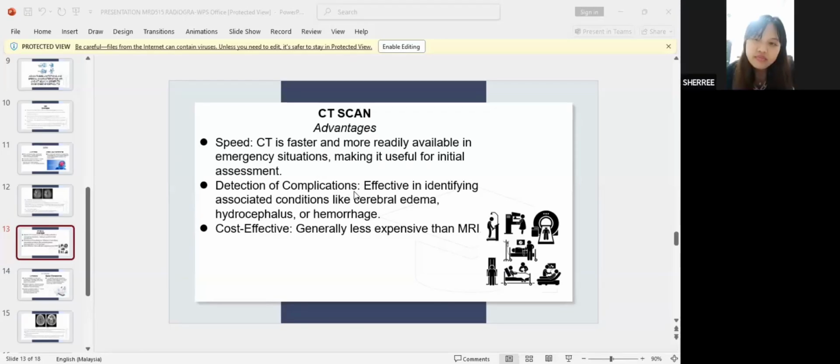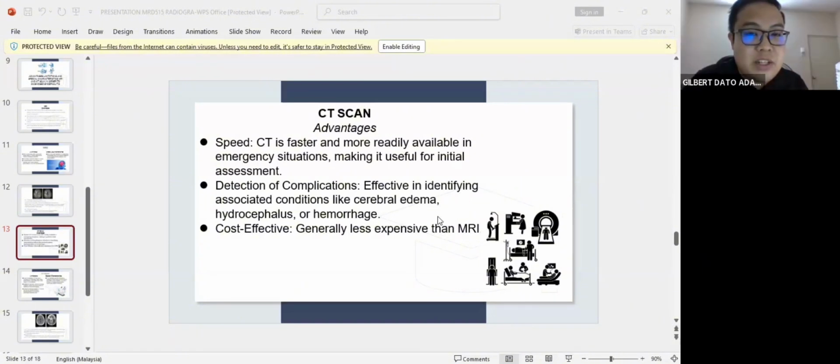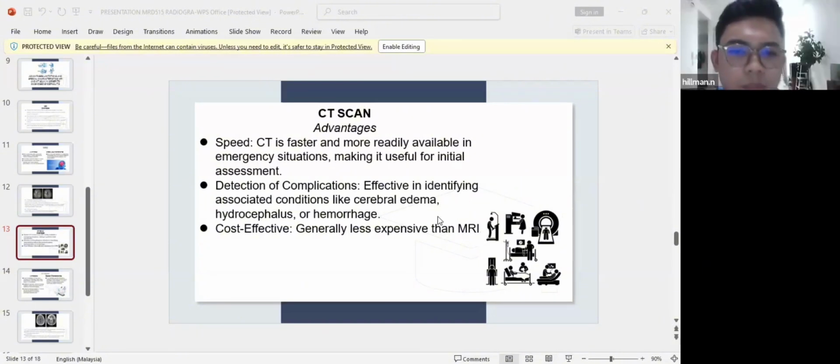Okay, so the next step after the imaging maybe will be a biopsy. You mean the lumbar puncture, right? Lumbar puncture, and also maybe in such cases a brain biopsy.